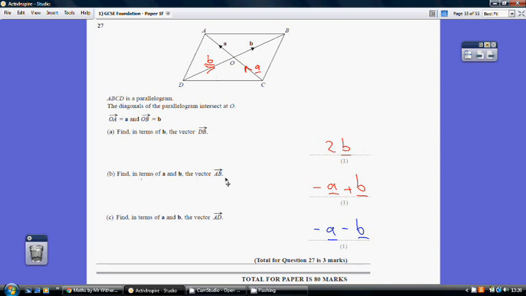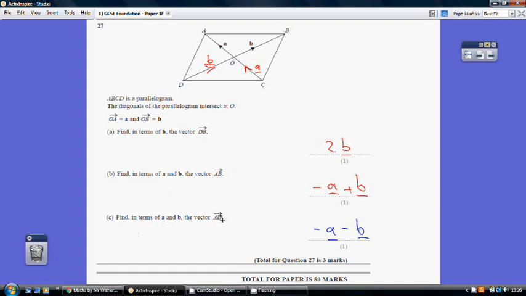Now for part B we've got to go from A to B, so we go down here and then up here. So that's a minus a, because we're going down that the wrong way, and then a plus b.